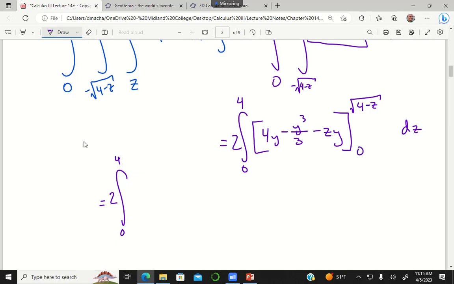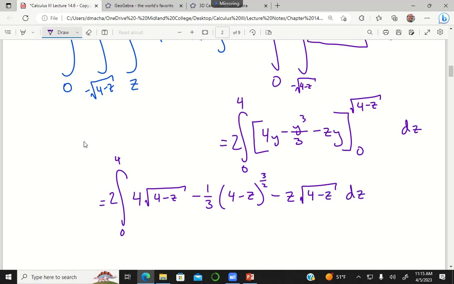So just using the even symmetry there. And that just simplifies things just a little bit. I can write 4 times the square root of 4 minus z minus 1/3 times 4 minus z to the power 3/2 minus z times the square root of 4 minus z dz.